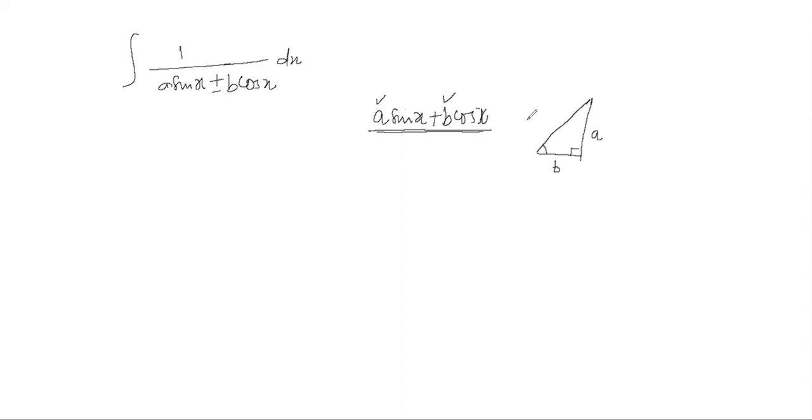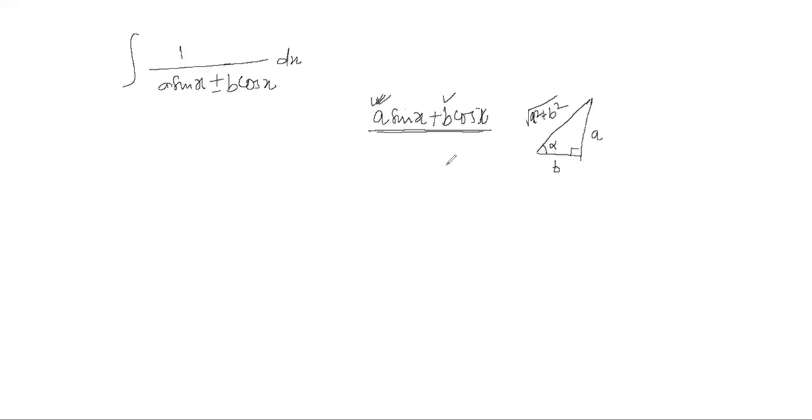Then the hypotenuse would be root under a square plus b square. I want to make this a cos, so I take this angle as alpha.